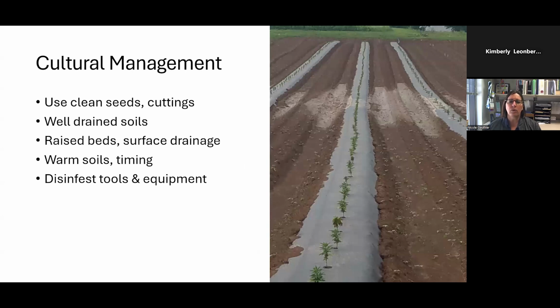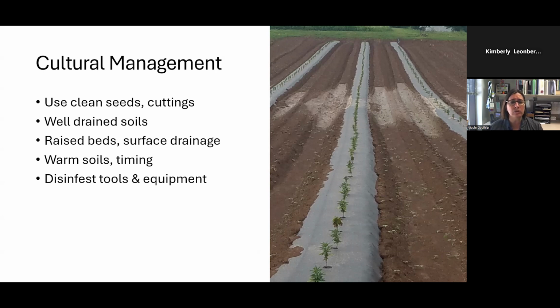We manage soil-borne diseases primarily by cultural management. We start by using clean seeds and clean cuttings, so as not to introduce these pathogens into our fields or indoor production facilities, and so we get a good start. Well-drained soils or well-drained media is critical, since a lot of these pathogens like wetter soil conditions. In the field, raised beds and any kind of surface and internal drainage are very important.